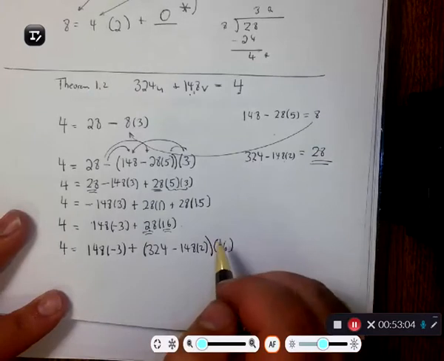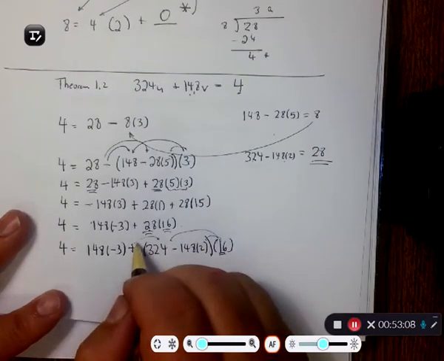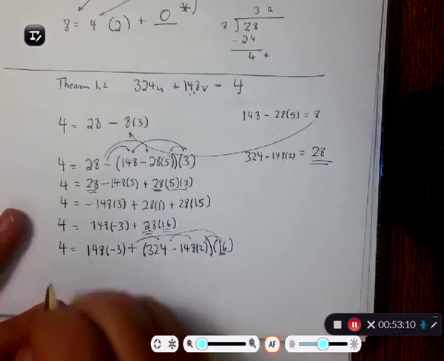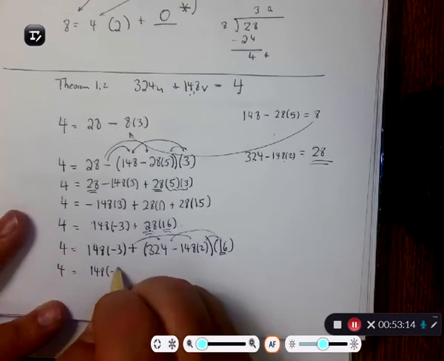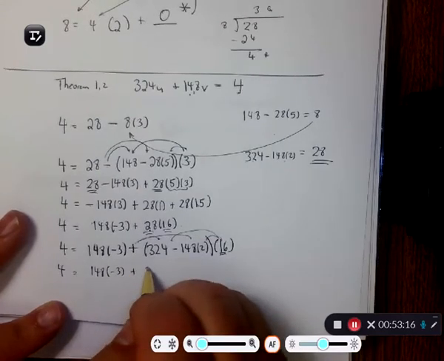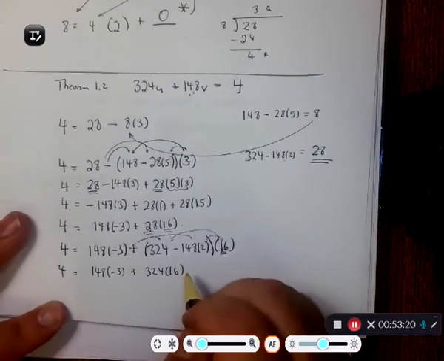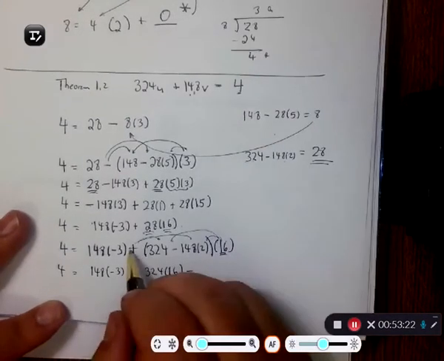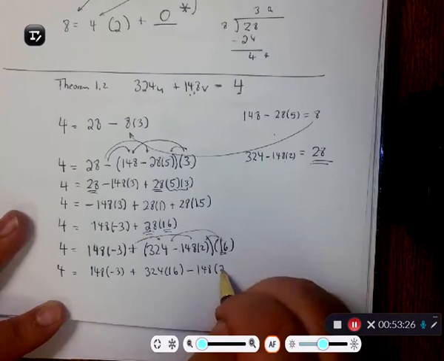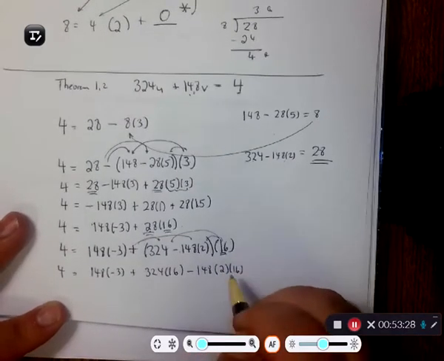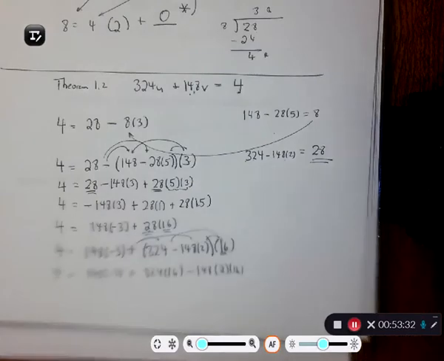And now I'm going to distribute this, and the sign, well, it's a plus, but I'll distribute them anyway. So 4 is equal to 148 times negative 3 plus 324 times 16 minus, plus a negative is a minus, 148 times 2 times 16. Now, 2 times 16 is 32.